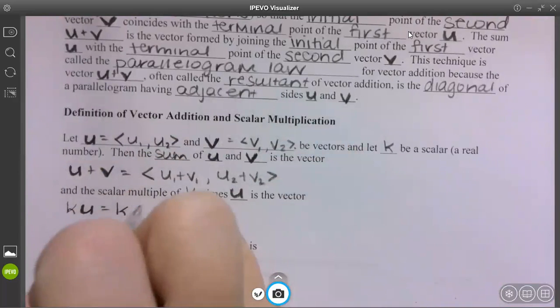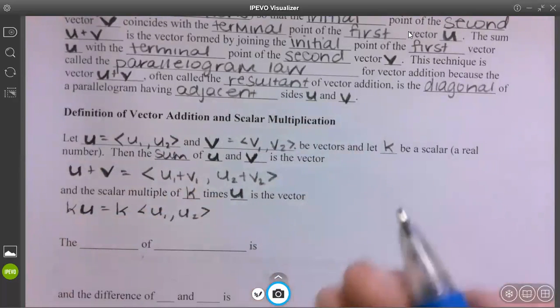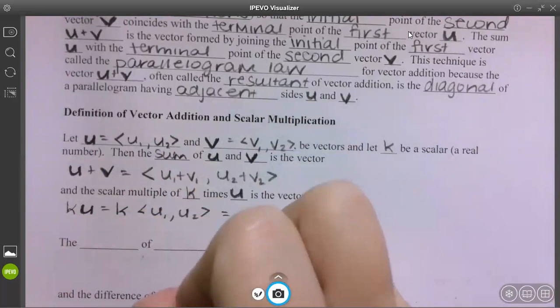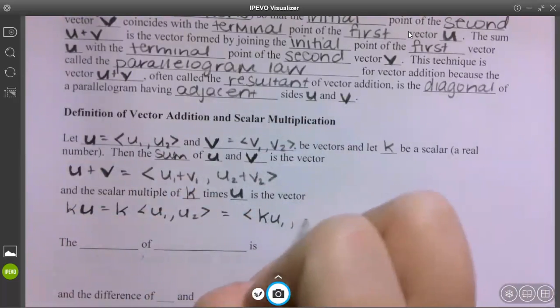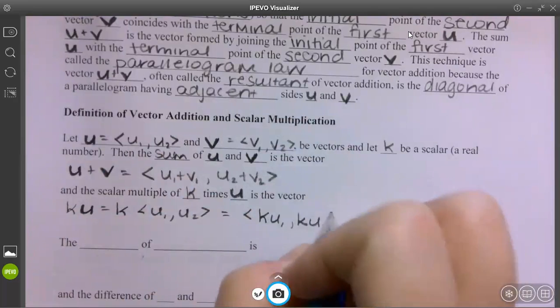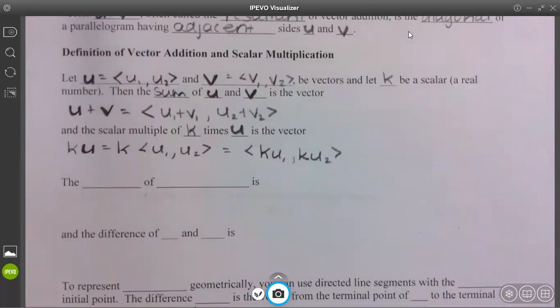So k times u1, u2, which is the same thing as ku1, ku2. So there's your rules for sums and scalar multiplication.